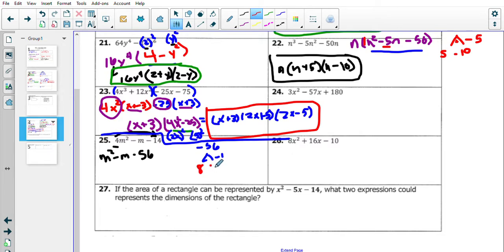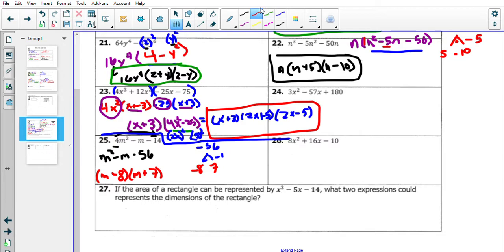So we have an 8 and a 7. And again, if we multiply to get a negative, one of these 2 numbers has to be negative, and this negative 1 tells us that the 8 has to be the negative number. Okay? So that gives us the m minus 8 and the m plus 7.